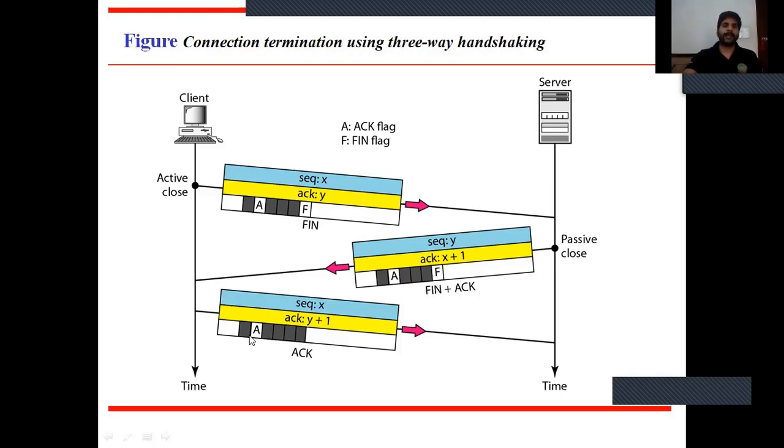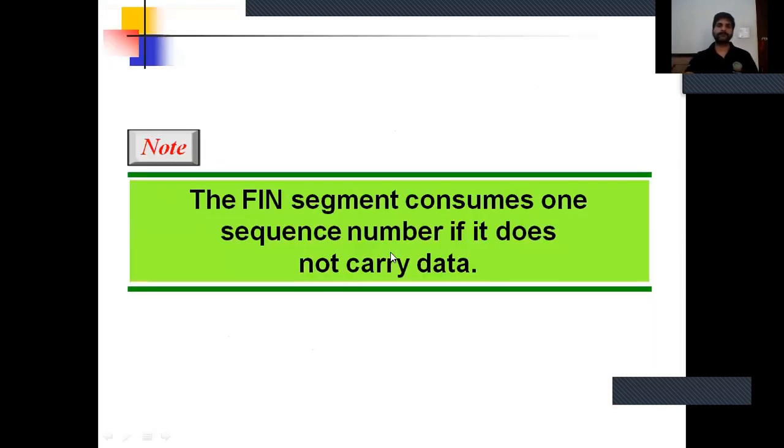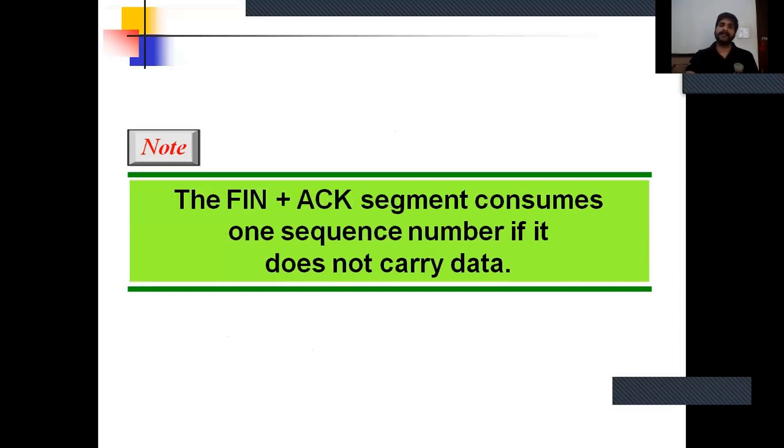Then the client sends sequence number X plus 1 and acknowledgement Y plus 1, ACK, which completes the termination and releases the connection. A FIN segment consumes one sequence number if it does not carry data. Similarly, a FIN plus ACK segment consumes one sequence number if it does not carry data.